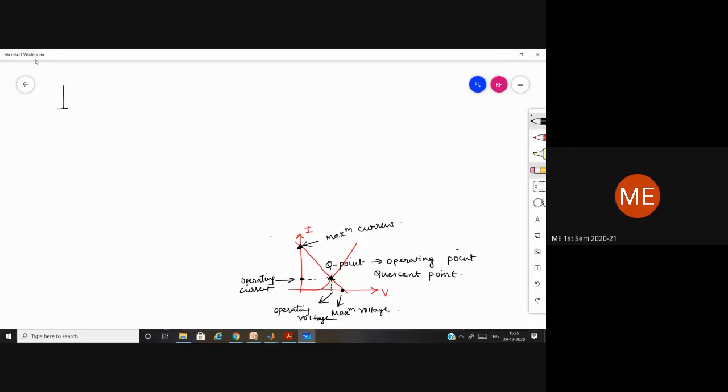So for this we have a battery which is connected to a resistor, a diode.